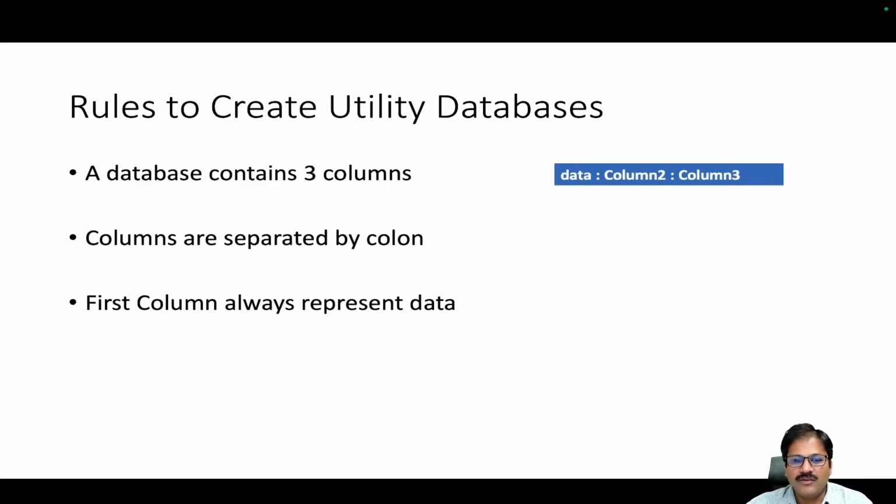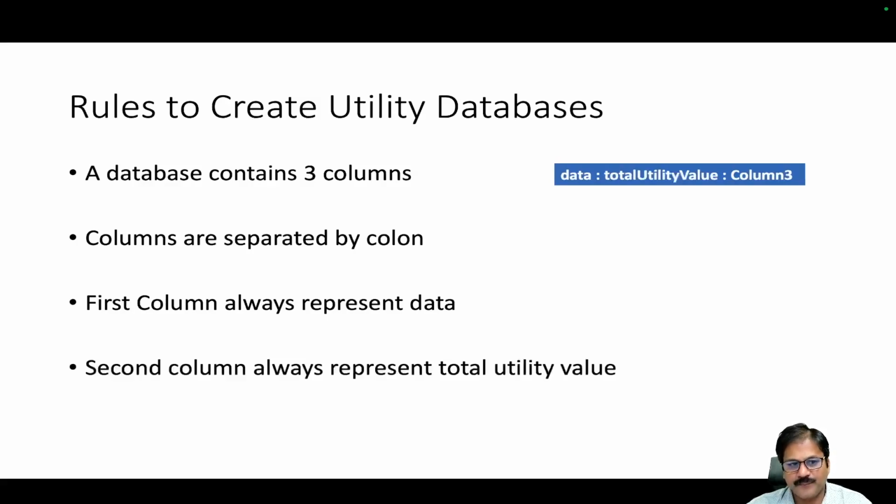The first column must always represent data. You cannot change the columns. Okay, please keep that in mind. So the first column must always represent data. The second column always represents total utility value.